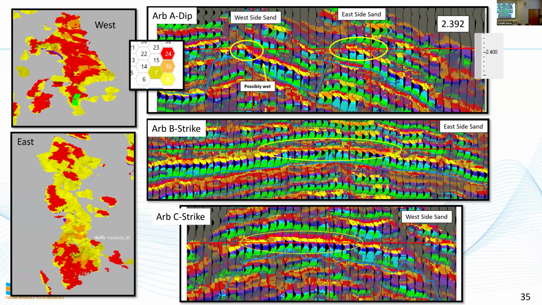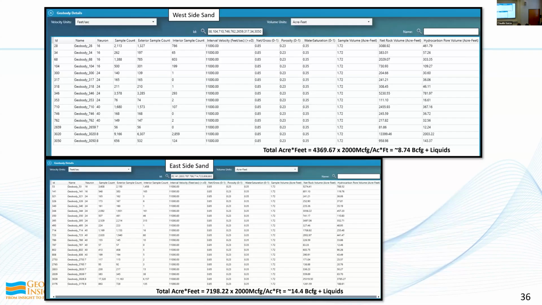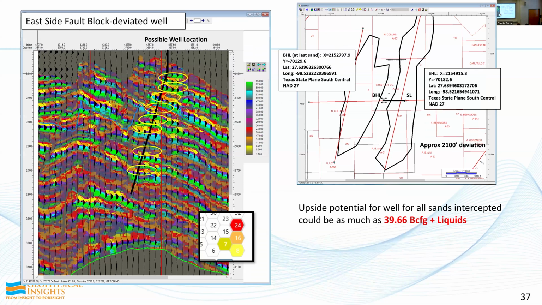And you can see the picture of the geobodies that made up that piece that I'm showing on each level. There's 8 levels on the east side and there's 4 levels on the west side. And finally came up with, if we drill the deviated well and we hit all those sands and all of them work, that well is capable of making almost 40 BCF of gas.